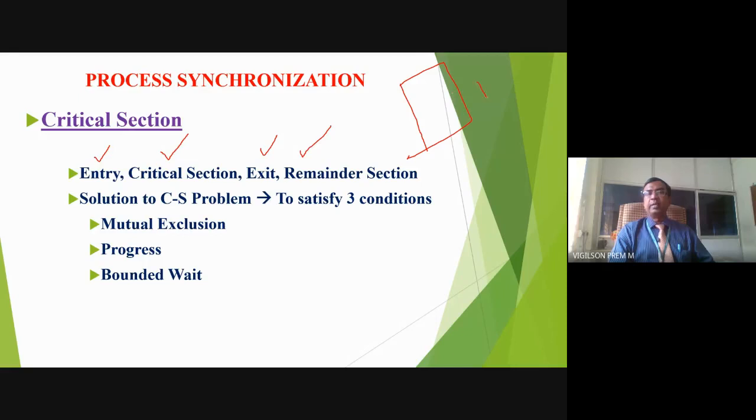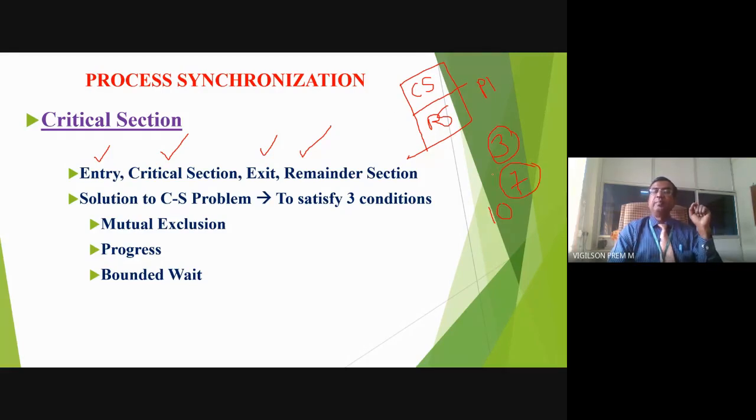Process P1 is there. Any process's work can be divided into two sections: one is the remainder section, another one is the critical section. Critical section means a process is accessing shared variables, the lines in the program that access sensitive or shared variables.